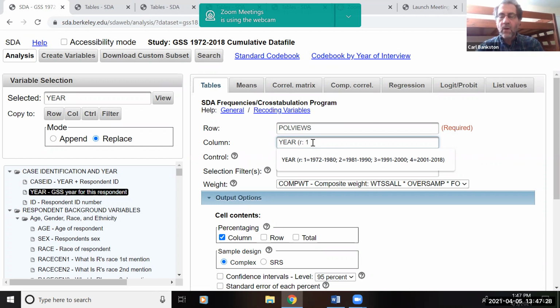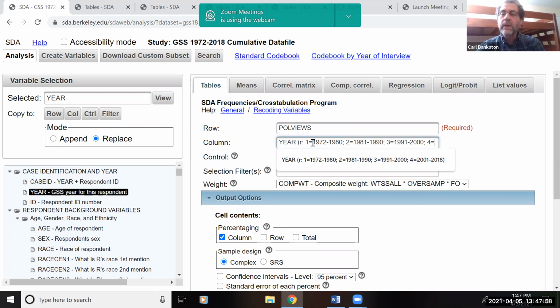And I'm going to call number 1 1972 until 1980. That is the 70s, essentially. And then I'm going to call 2, 2 is equal to 1981 to 1990. 3 is equal to 1991 to 2000.